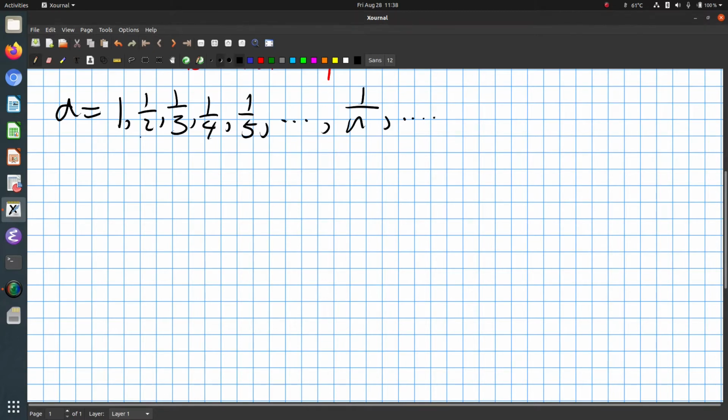And if you want to refer to any one of the entries in your sequence, you might say something like, this term is the nth term in your sequence, and the way to do that is with a subscript. So this whole a sub n is referring to the term. The n is referring to the index.